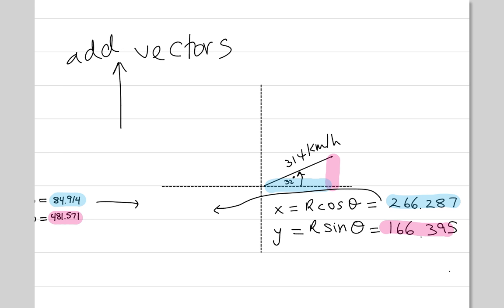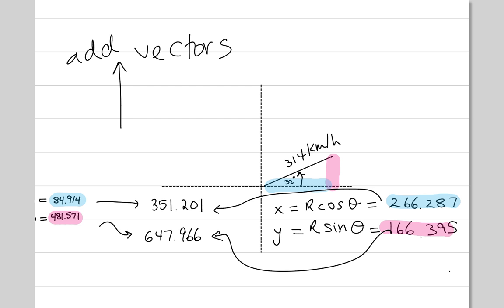Did you get 351.201? And then let's add the red. 481.571 plus 166.395. 647.966.